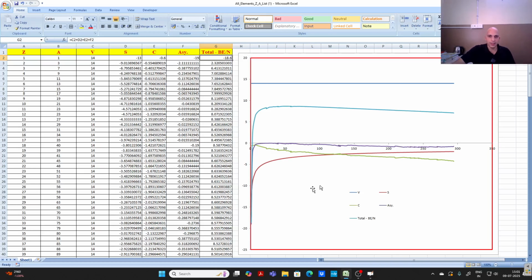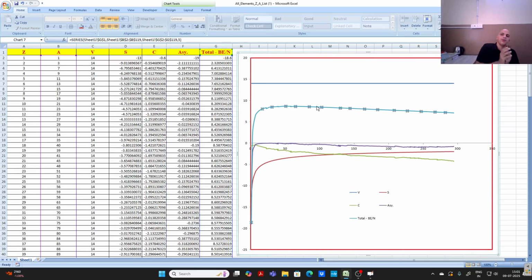You can see here the volume energy term is this one, right, and the surface energy term this one, right, then the Coulomb energy term this one, right, then the asymmetry energy term this one, right, and the total binding energy per nucleon. Exactly the same graph that I talked about in the beginning and that we discussed in the first unit, except it is starting from the negative side.